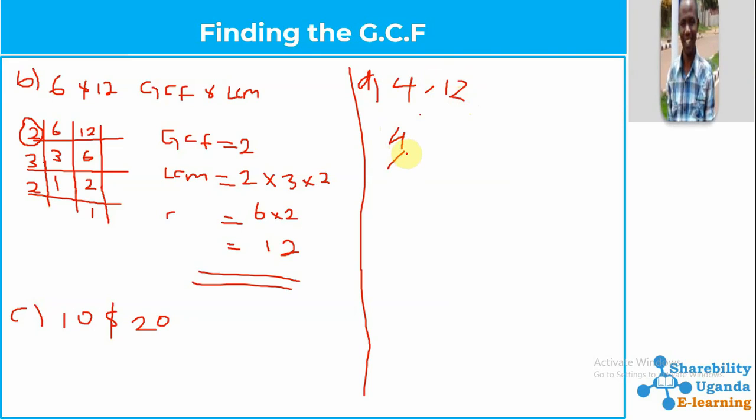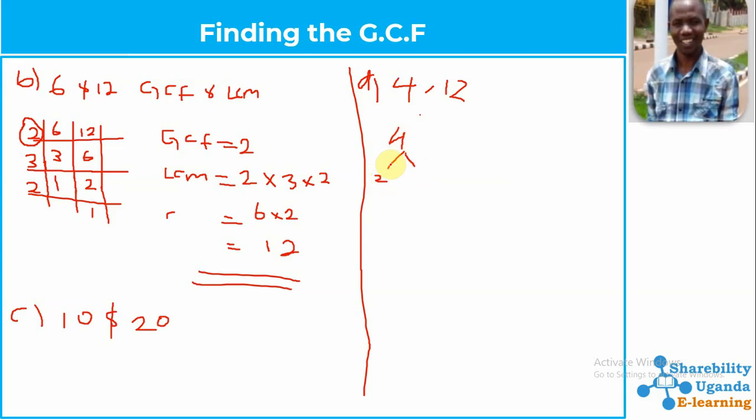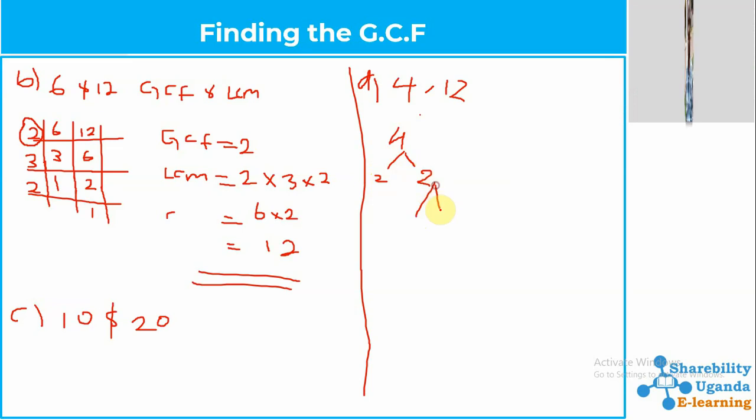In a factor tree method, we look out for that number which can divide 4. We have a 2. What is 4 divided by 2? We get 2. What is 2 divided by 2? We have a 1. Then we also have our 12.